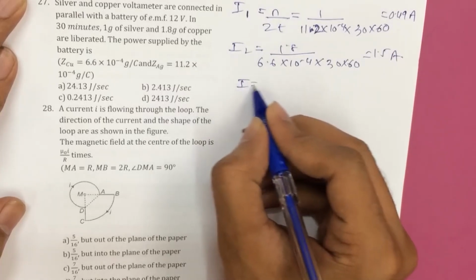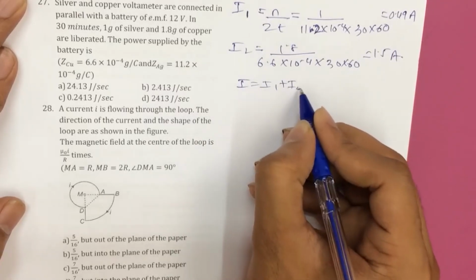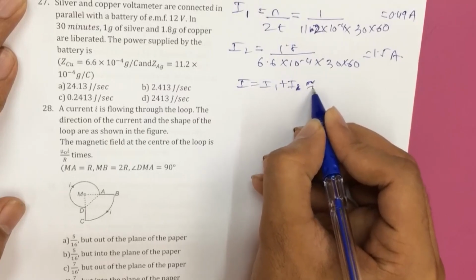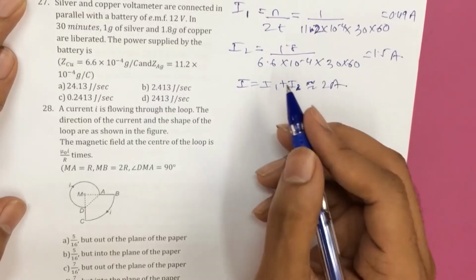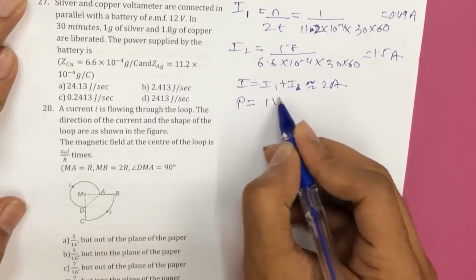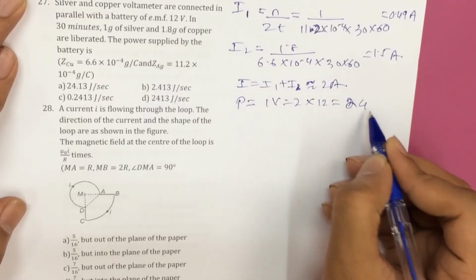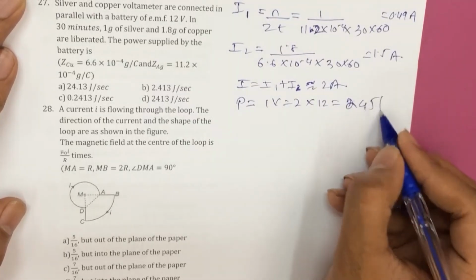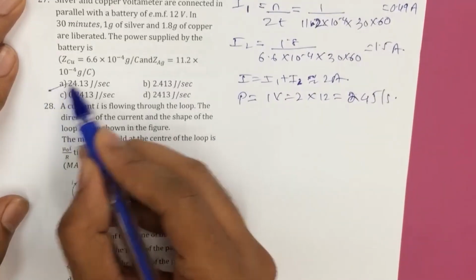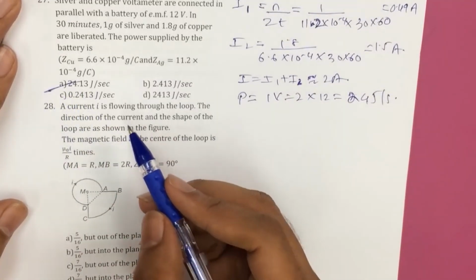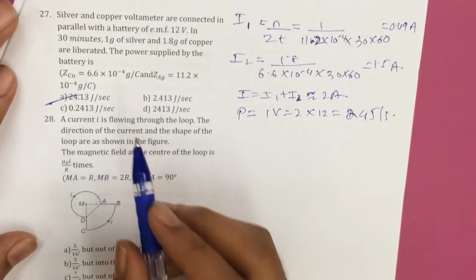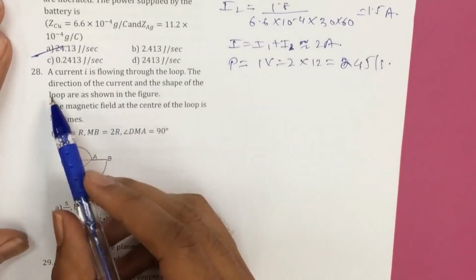The total current I would be I1 plus I2, which comes out to be approximately 2 amperes. So power would be equal to I V, which is 2 multiplied by 12, approximately 24 joule per second. So your correct answer approximately would be option A, 24.13 joule per second.